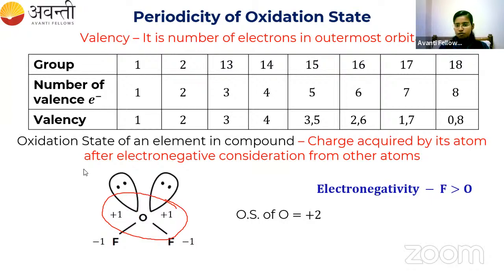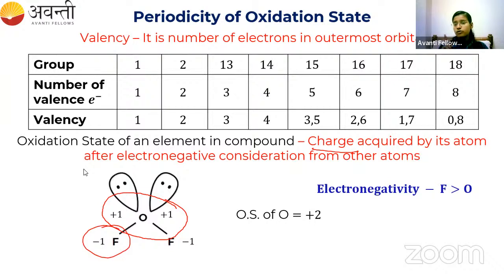Now you come to this definition. The charge acquired by the atom after electronegativity consideration from the other atom is called the oxidation state of the element. Now all of you tell me the oxidation state of fluorine.